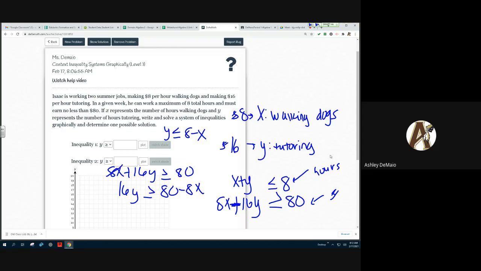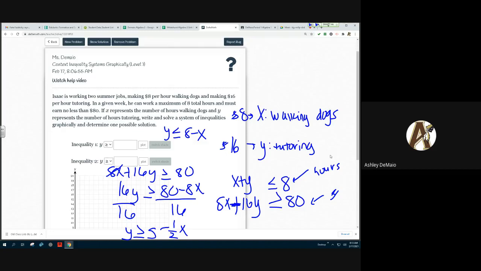Now we need to get Y all by itself, so let's divide everything by 16. Okay, when you do that, this side still becomes Y by itself. It's greater than or equal to 80 divided by 16 minus 8X divided by 16. So 80 divided by 16 is 5, and then minus 8 divided by 16 would be 1/2 X. And that's how we rewrote that equation.